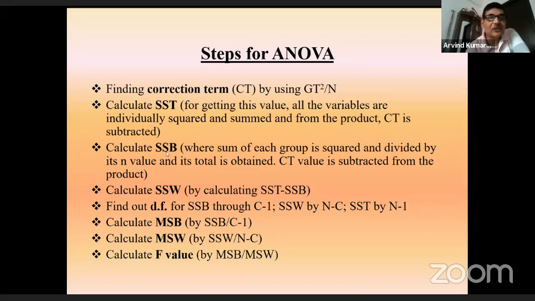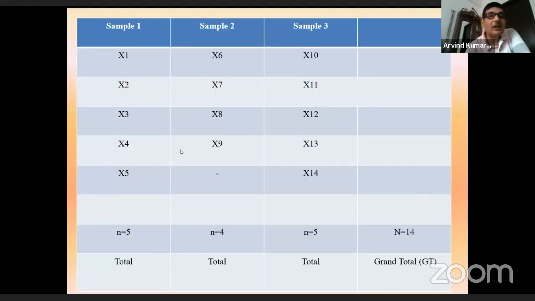In case of SSB, see the total value of every sample, the total of sample 1, will be squared, and it will be divided by n5. N5 means number of variables present in this particular sample. Then it will be added with the next one, that is the sample 2 total, its square divided by total number of cases, that is n4.